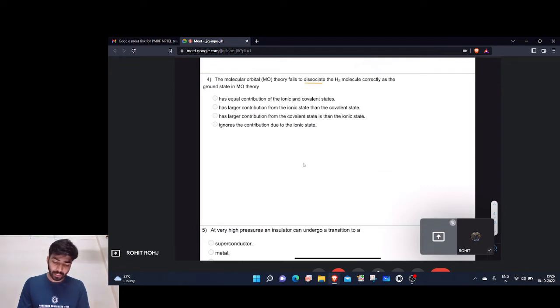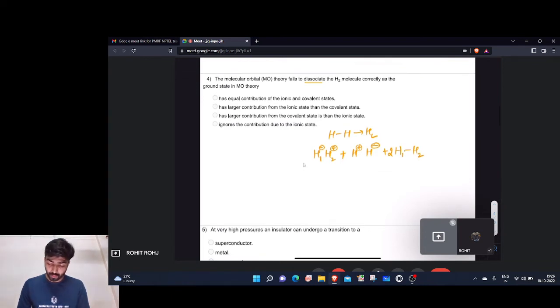As we wrote earlier, the ground state of the hydrogen molecule, H2, can be written as a linear combination of these states, let's say H1 and H2, plus and minus. Let me just put a circle so as not to confuse with the plus sign, and two equally contributing covalent states.